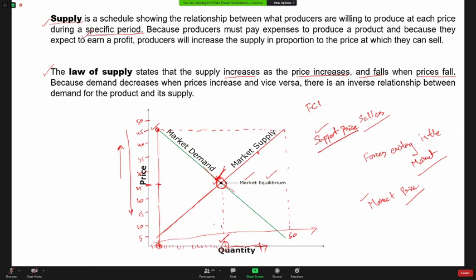Usually this should be done, but sometimes due to some reason they don't buy. Not all products, but very few products will not be bought. So support price is nothing but ensuring at least some break even in their production. So that is the concept of the law of supply.